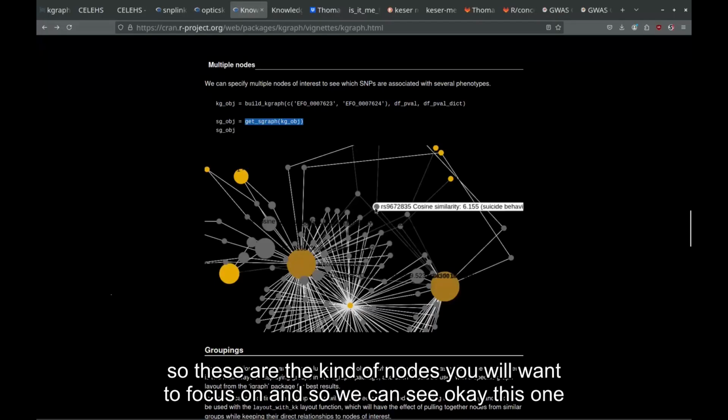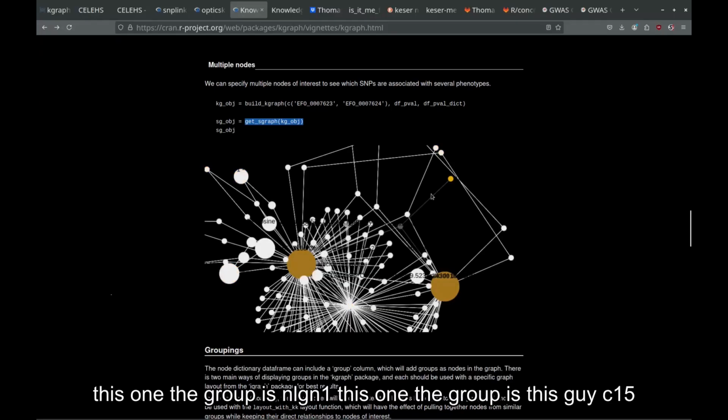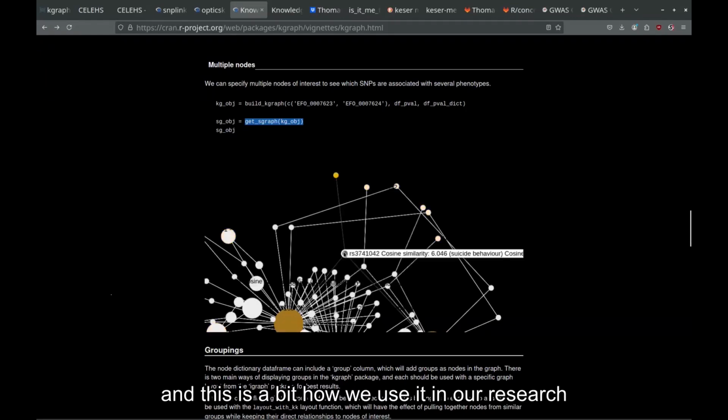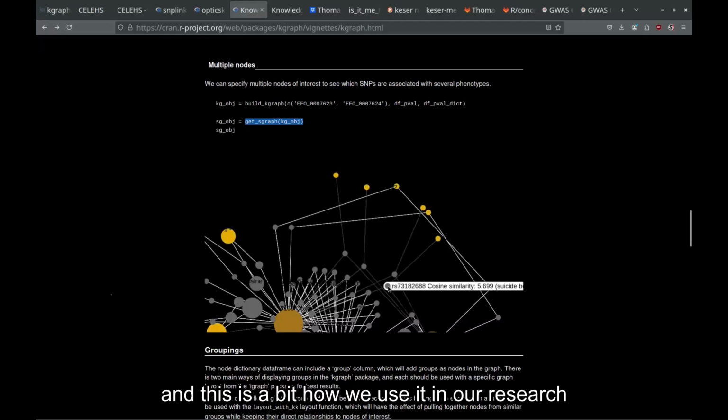So these are the kind of nodes you will want to focus on. We can see, okay, this one, the group is NLGN1. This one, the group is C15. And this is a bit how we use it in our research.